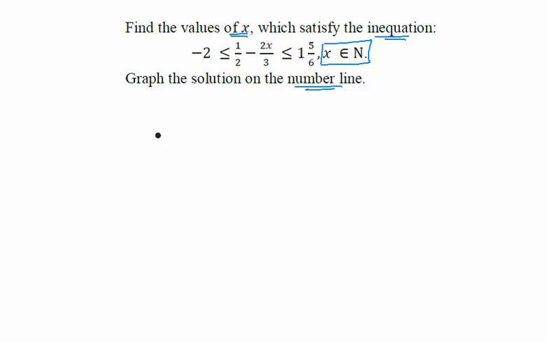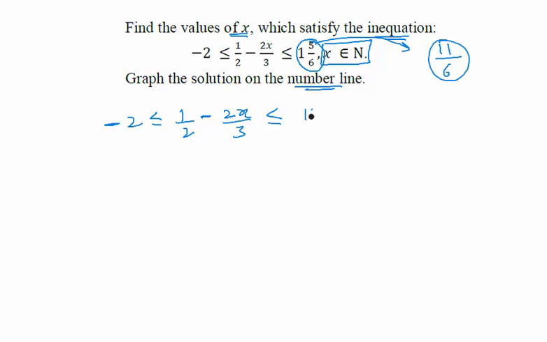So if you look at this particular question, minus 2 is less than or equal to half minus 2x by 3 is less than or equal to 1 integer 5 by 6. 1 integer 5 by 6, I can write it as 11 by 6, right? So our question converts to something like this.